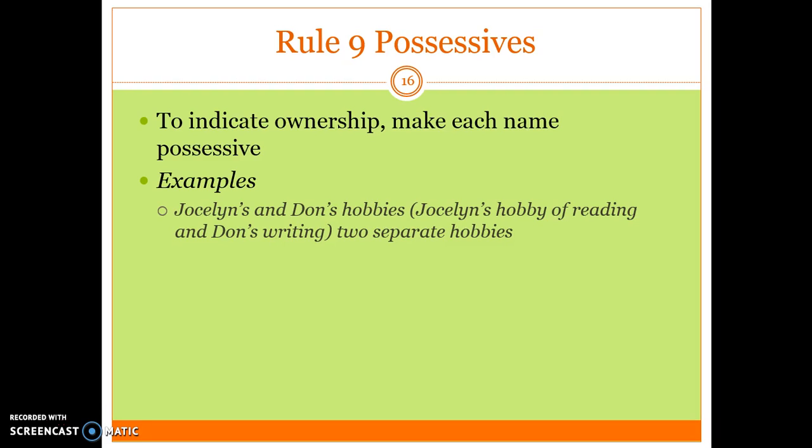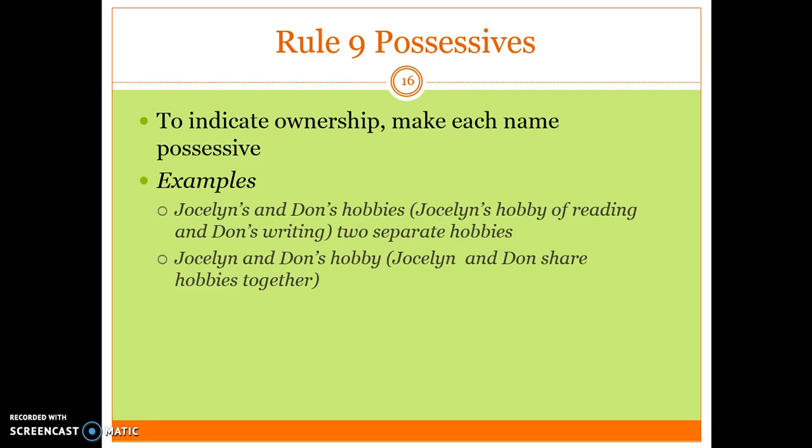So Jocelyn has a hobby of reading and Don has a hobby of writing. Two separate hobbies. So you will make Jocelyn possessive and then Don possessive by adding the apostrophe S. Now, when they share the hobby, you have Jocelyn and Don's hobby, one hobby, they share the hobby together.